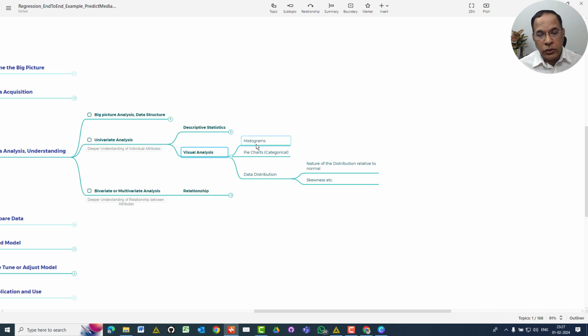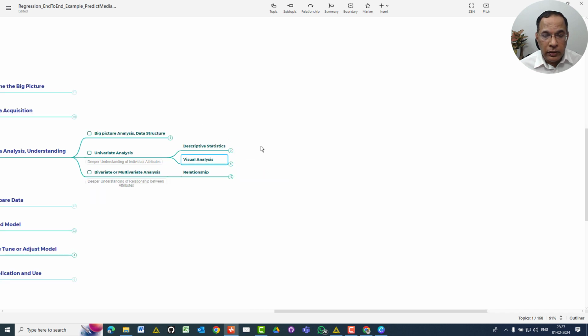So I can do histograms, which is basically taking a band of values and then trying to plot them. Pie chart, we all know, might have heard about pie chart in most cases. So if it's a categorical variable saying, hey, red, green, blue, what is the distribution of the red, green, blue in that sense, right? So these are the things that I'll be looking at.